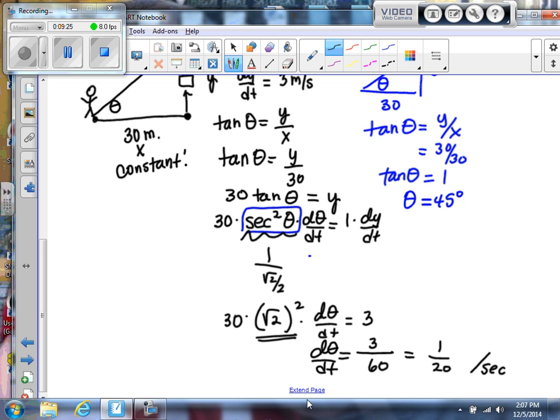If you have 45 degrees or something radians, when you take the secant of it, it's just a number. It's a ratio. That's what sine, cosine, tangent, all of those things are. They're trig ratios. So we get rid of all of our units. It's just per second. That's all we have. So we say radians per second. So your answer is 1 over 20 radians per second.